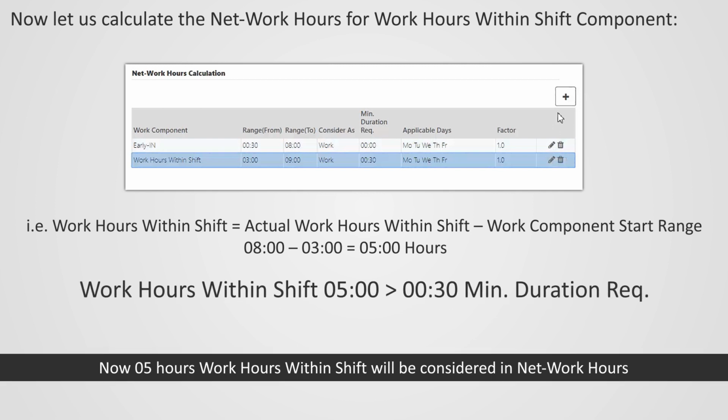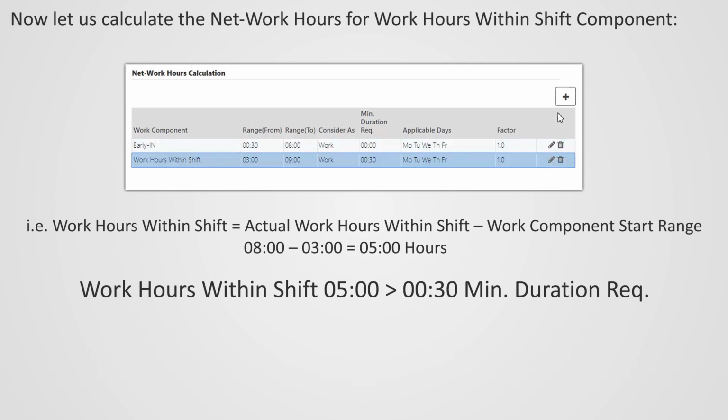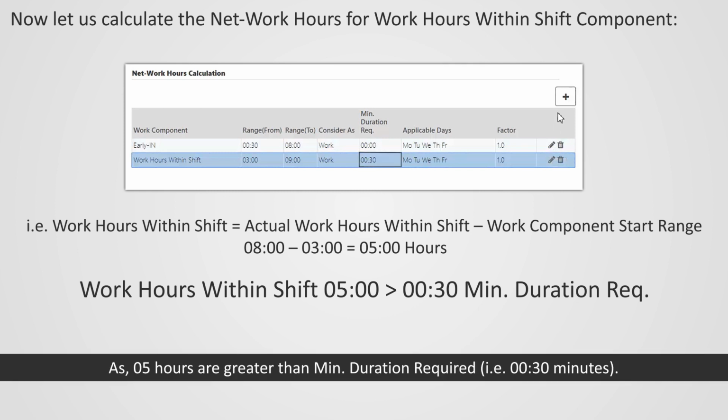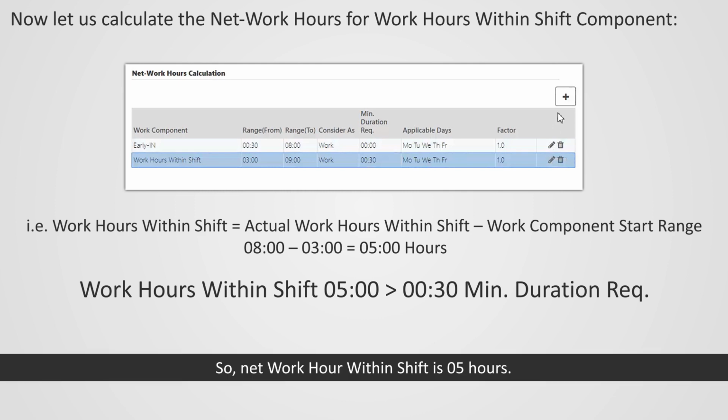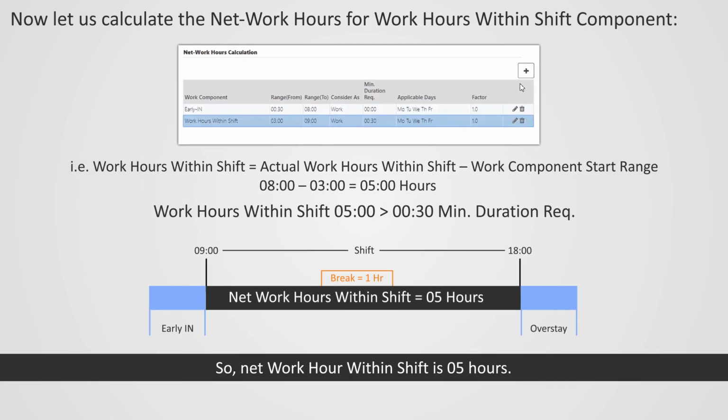Now, 5 work hours within shift will be considered in net work hours only if it is greater than minimum duration required. As 5 hours are greater than minimum duration required, that is 30 minutes, net work hour within shift is 5 hours.